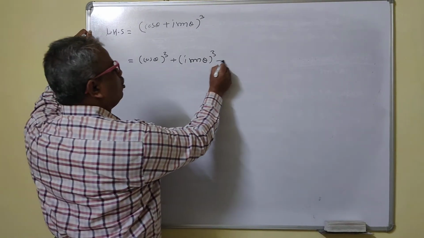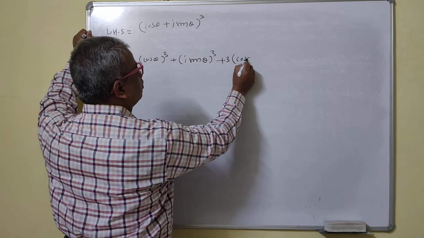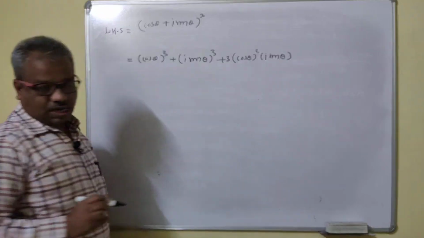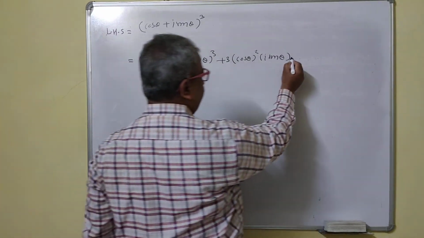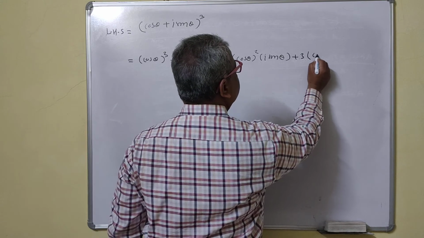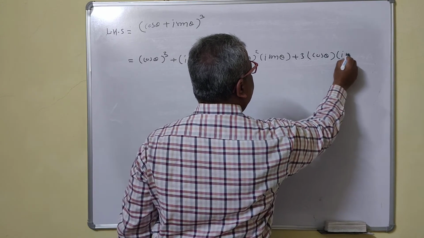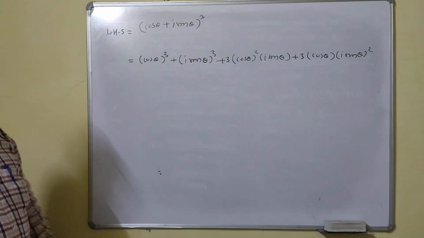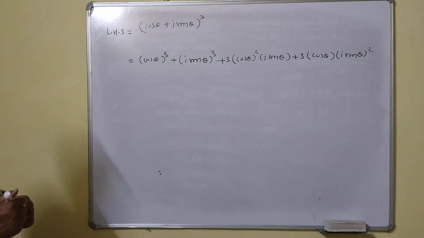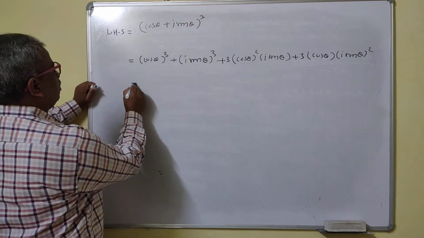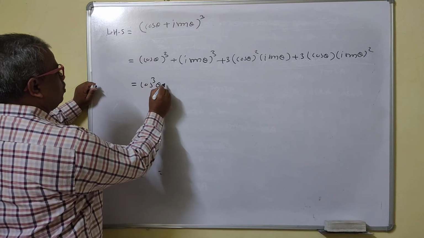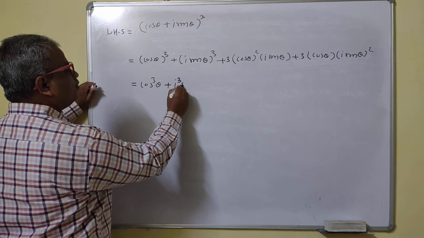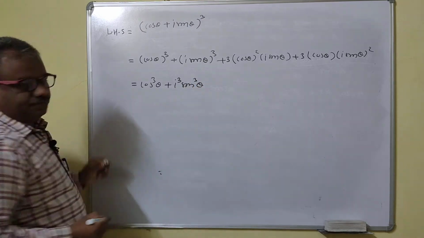Plus 3 into square of the first one. The second one is as it is, right? Plus 3. First one as it is, and the square of the second one. Square of the second one. Now just simplify this. Open the bracket. So what we write? This is what? Cos cube theta. Plus this is what? i cube sin cube theta.